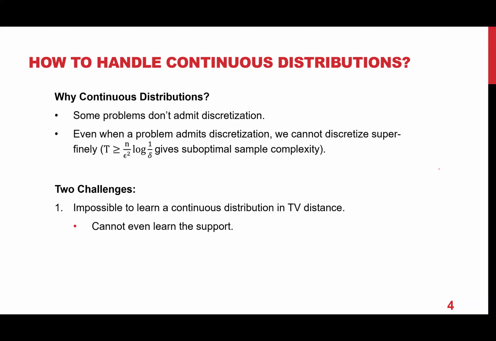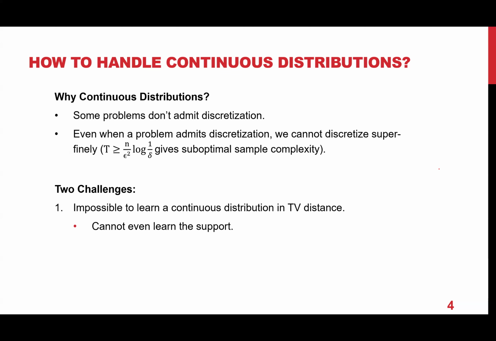The reason is the following: imagine there are no point masses, so every point has density tending to zero in some sense. All those samples that you've seen, in some sense, their probability is zero. There's no way you can learn even the support of the distribution.